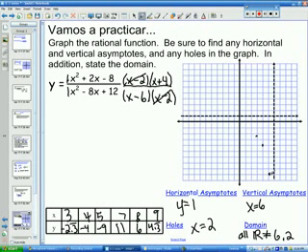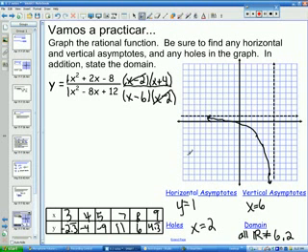Okay, so our graph is going to look something like this. And obviously you can get a few more points if you want to be a little bit more accurate. But we know it's going to get close to that one, but it's not going to cross it. It's an asymptote. And this one, likewise, it's going to get close down here and not cross it.